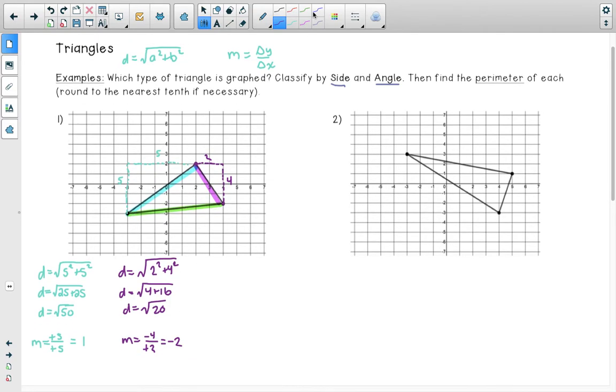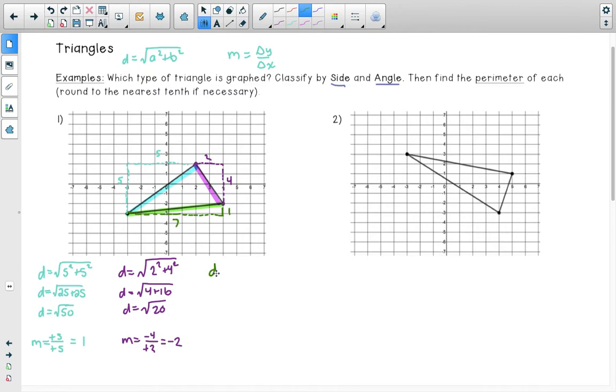Then the last one is the green one. Again, I want to find the distance, so I'm going from one point to the next. I have a distance of 1 here, and a distance of 1, 2, 3, 4, 5, 6, 7 on the horizontal.